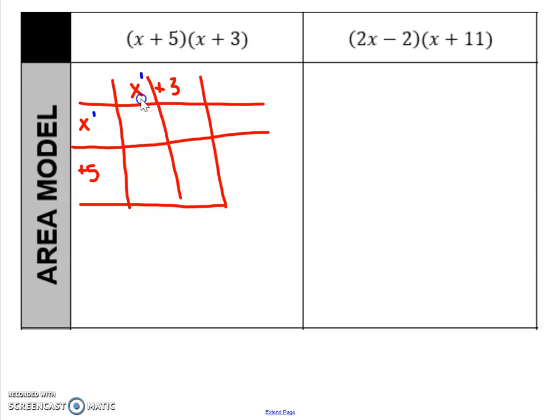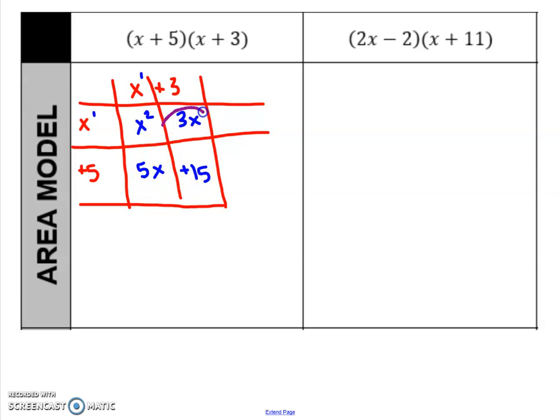So here we go. We have x times x is going to give us x squared, because 1 plus 1. Same base, add my exponents. So x times x is x squared, 3 times x is 3x, and then I move to the bottom. So I have 5 times x is 5x, and 5 times 3 is positive 15.